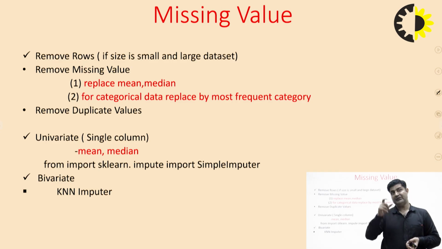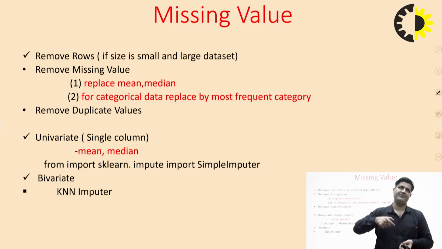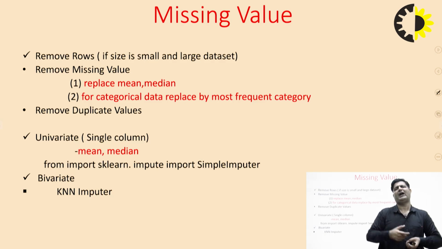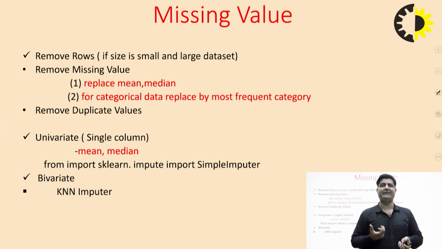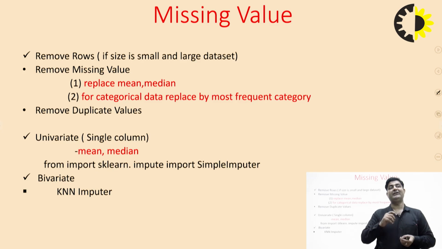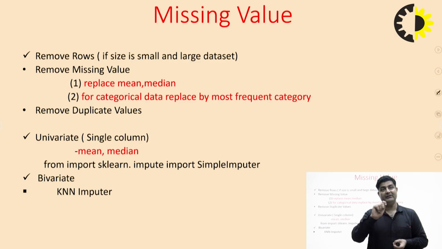If the data is in categorical form, suppose we have male and female in an input feature or output feature and some values are missing, then what do we use? We fill the missing value with the most frequently used value.